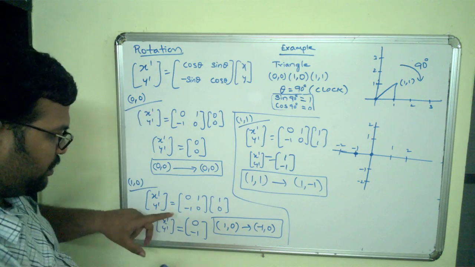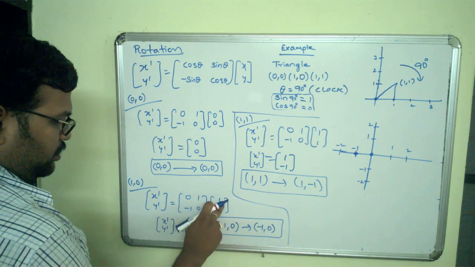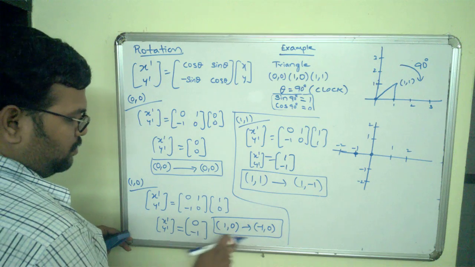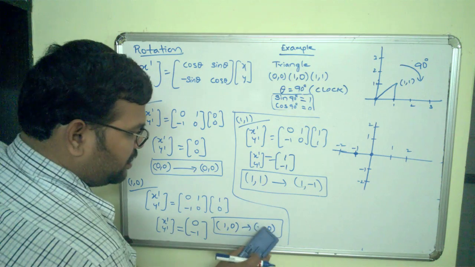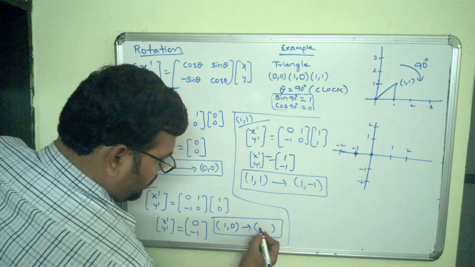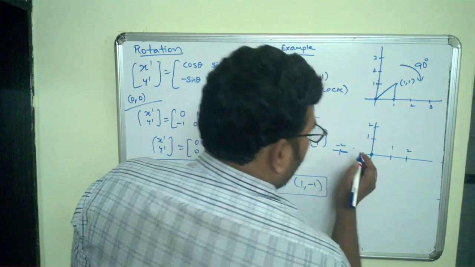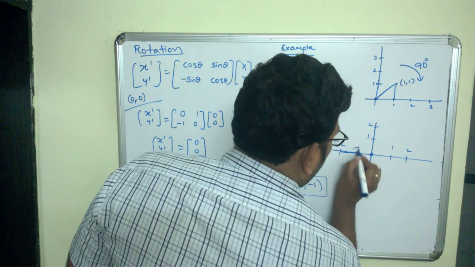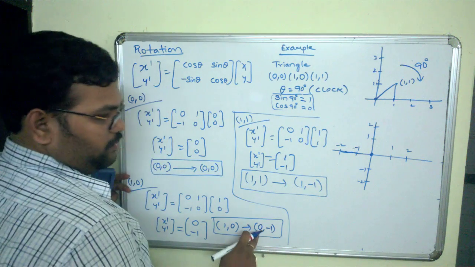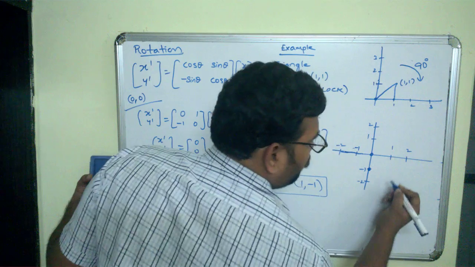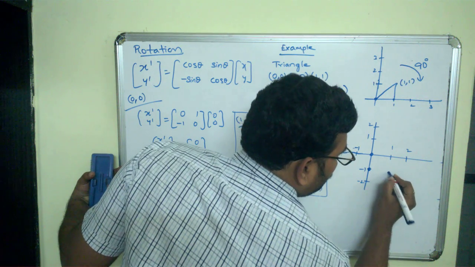Sorry, once let us check here. 0 into 1, 1 into 0. So 0 comma minus 1. Yes. Here we have written wrong, it is 0 comma minus 1. So 0 comma minus 1 means this one. 1 comma minus 1 means this one.